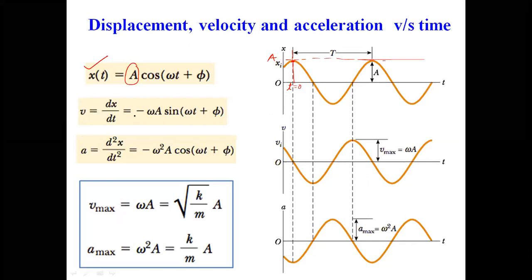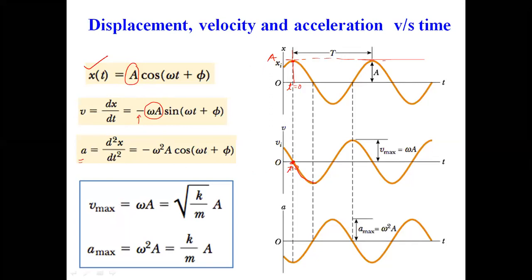So dx by dt is minus omega a sine(omega t plus phi). Its amplitude is omega times a, in the opposite direction as compared to the displacement. So at t equal to 0, we have this point. Since it is a sine function, velocity should be 0 at t equal to 0. So it is 0. And as displacement is in the positive direction, velocity is in the negative direction, like this.